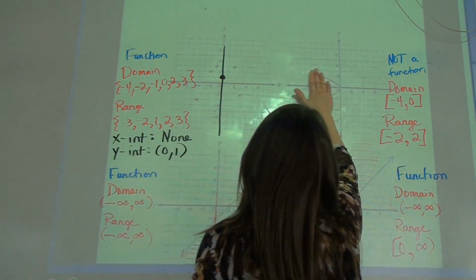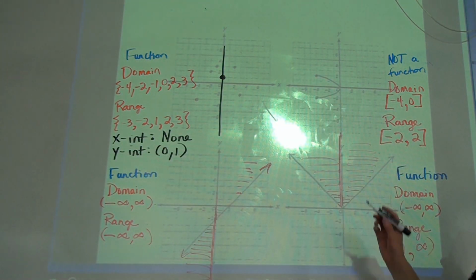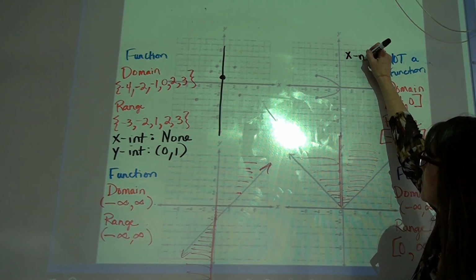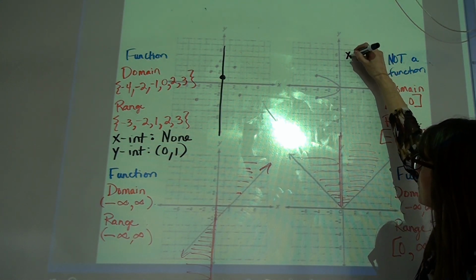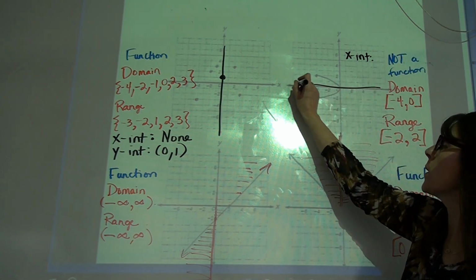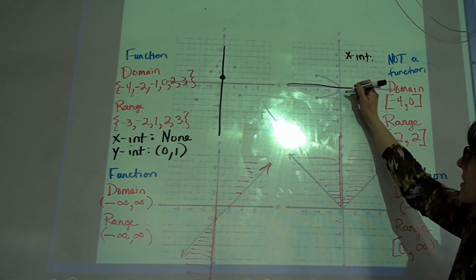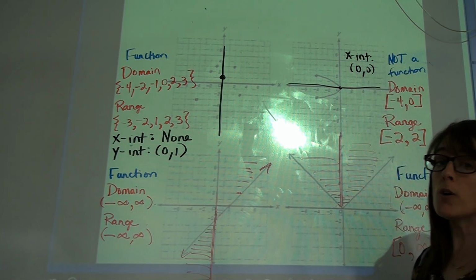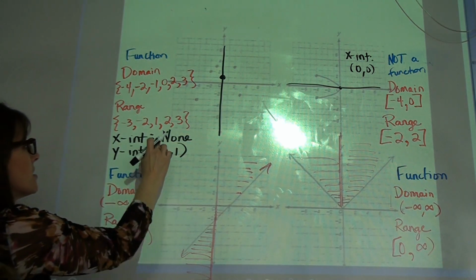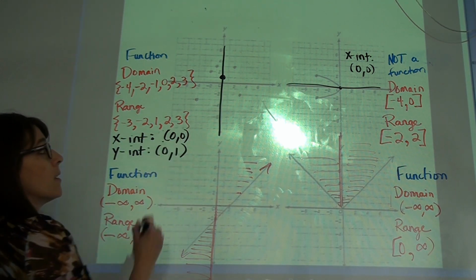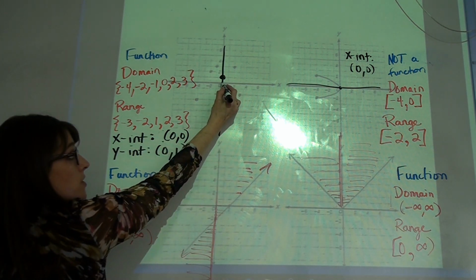Now take a look at this one. Continuous graph. Notice that when I'm talking about my x-intercept, here's my x-axis. Where's the graph crossing that axis? Right here. And that is the point 0, 0. And I also need to point out to you, do not list 0, 0 if you're listing none, because that indicates that it is crossing there at 0, 0.